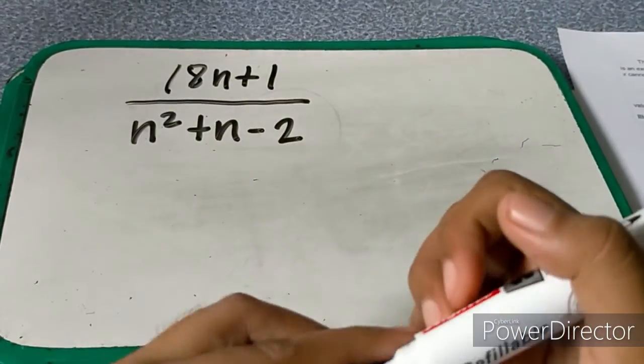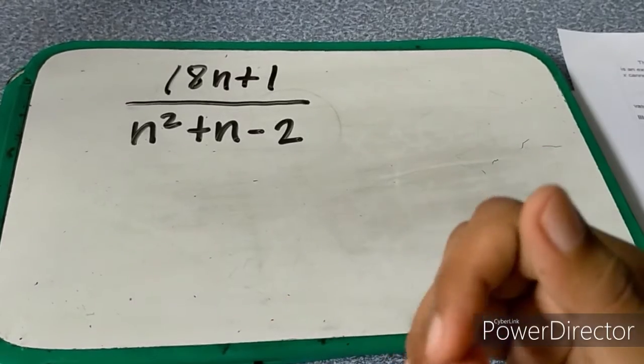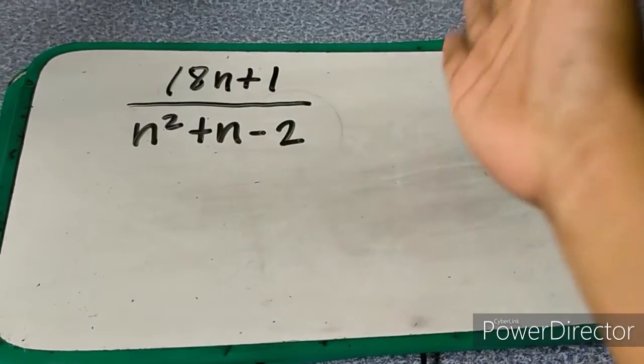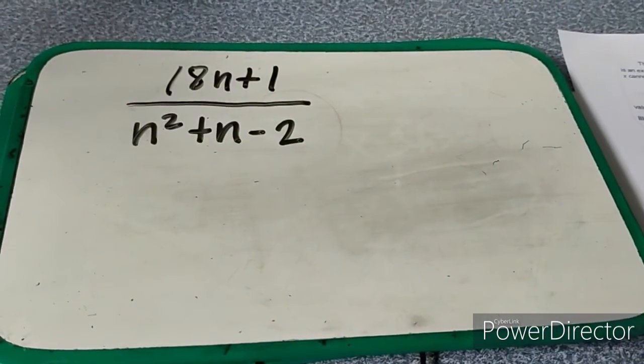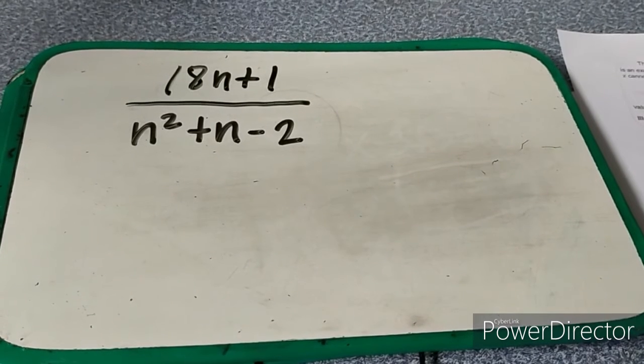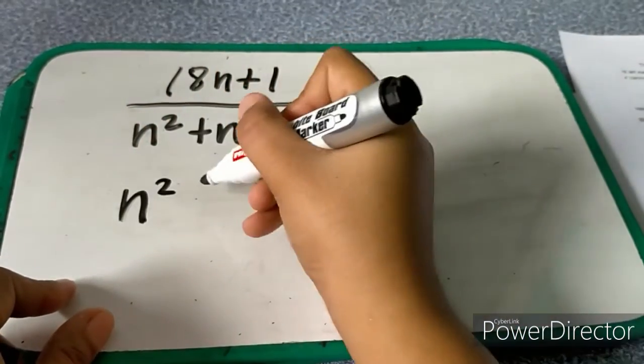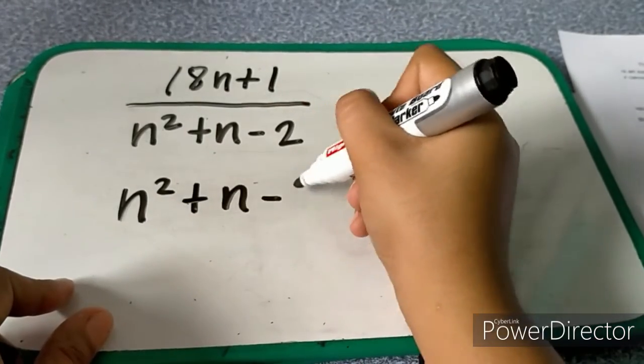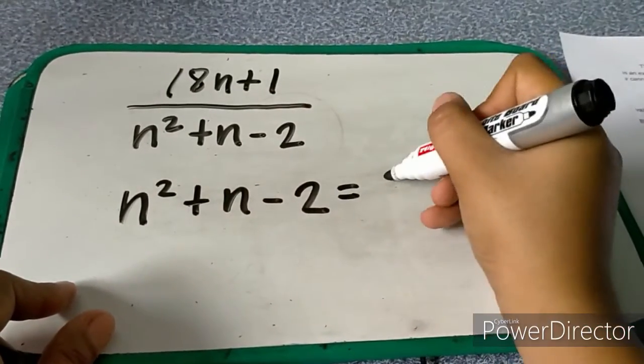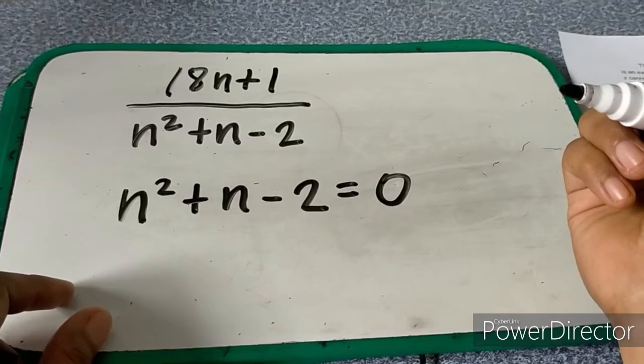So, hahanapin natin ngayon si excluded value. Yung excluded value nitong RAE na to. So, first step, let's focus on the denominator. Let the expression in the denominator be equal to 0. So, we have n squared plus n minus 2 is equal to 0.